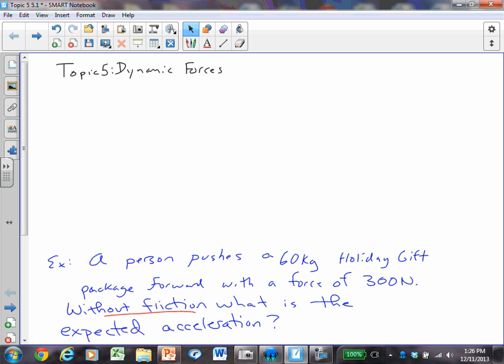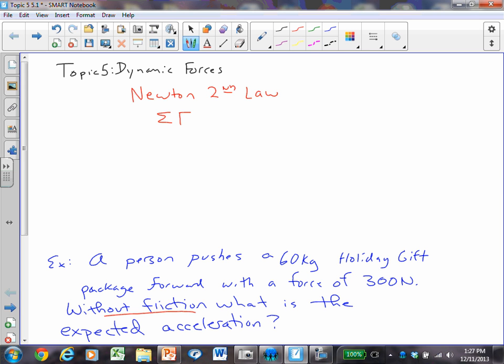In topic 5, we're going to make use of Newton's second law. So with the dynamic part being that there's an acceleration and a net force.